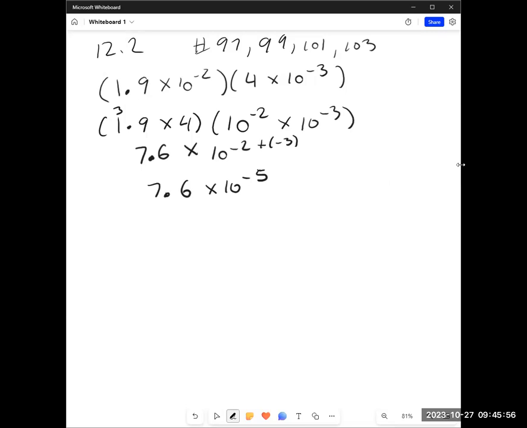All right, let's go ahead and look at our next problem. 6 times 10 to the negative ninth times 7 times 10 to the negative eighth. And then we want to write this in standard notation. When we're done, I'll go ahead and write this one in standard notation as per the instructions as well.